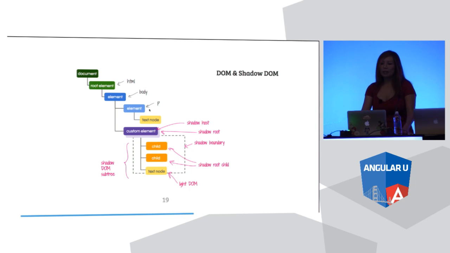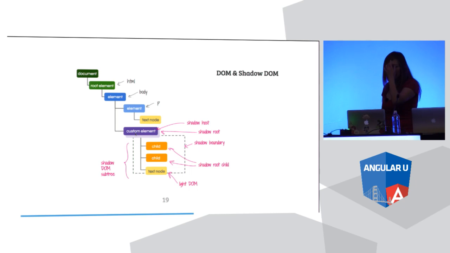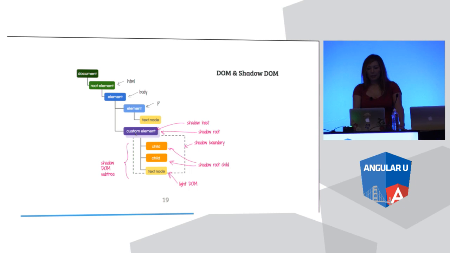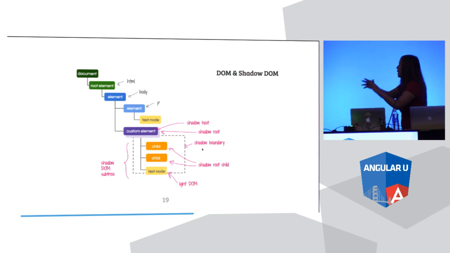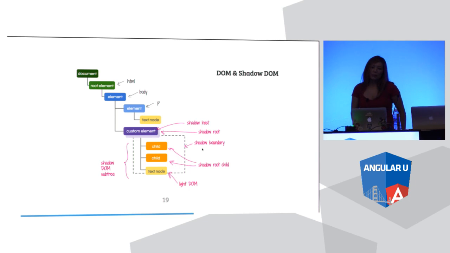And then you can have a custom element here too, just like any P or H1. But when you have a custom element, this is encapsulated, it's a private element, right? So now it has something called a shadow root here. This shadow boundary is where it's protected from the outside world. Inside of it is a shadow DOM, so it has a shadow root child, and it could be a text node.